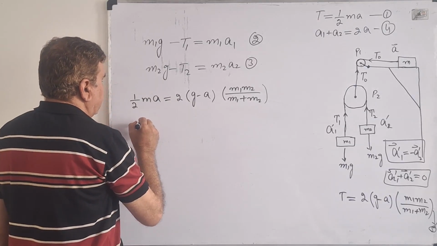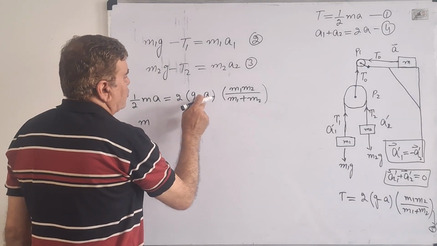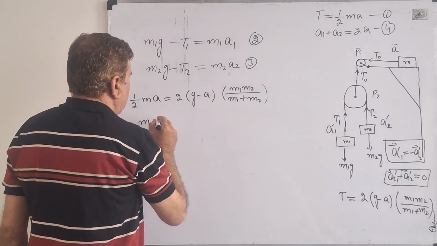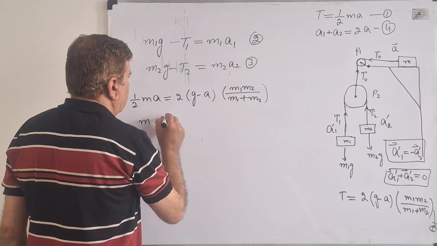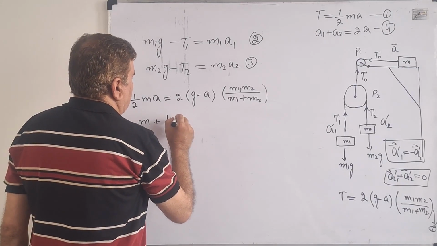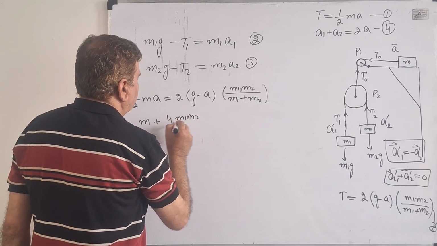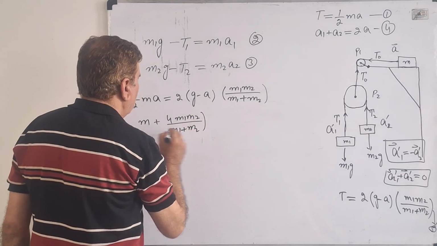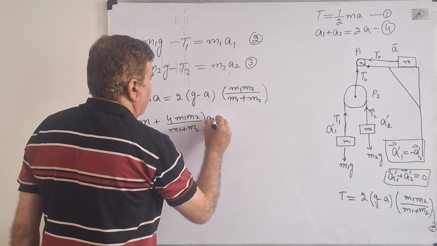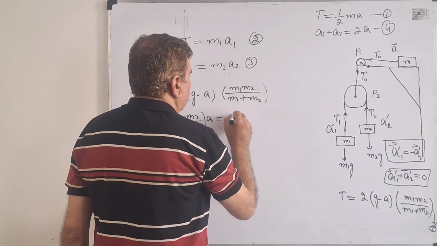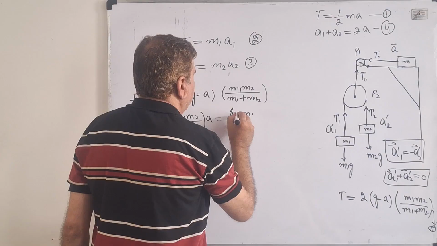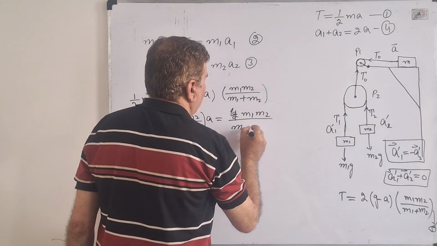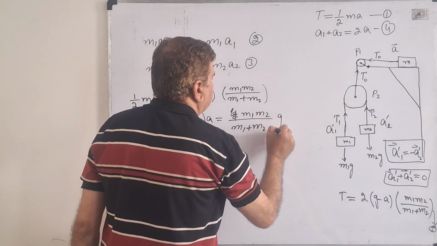And I can then write m, and this would be minus 4A. If I take that minus 4A to this side, it will become plus. So I'll write this as 4 into m1 m2 divided by m1 plus m2, the whole multiplied with A, and this would be equal to 4 m1 m2 divided by m1 plus m2 times g.